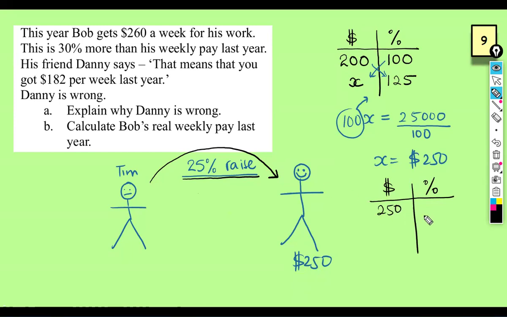So this 250 is 125%, because this is after the raise. We are trying to find the original amount, the amount he had in the first place. The original amount is always 100%. How much is that? Cross multiply now, solve for x, and tell me if you get back 200. Let me know, but physically do it. I don't assume you will get 200.